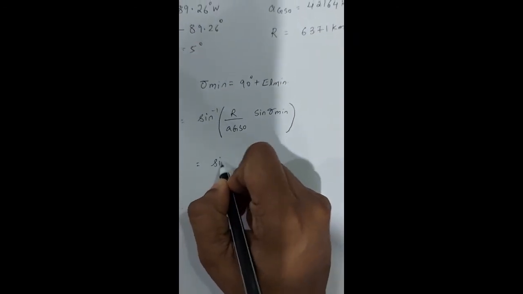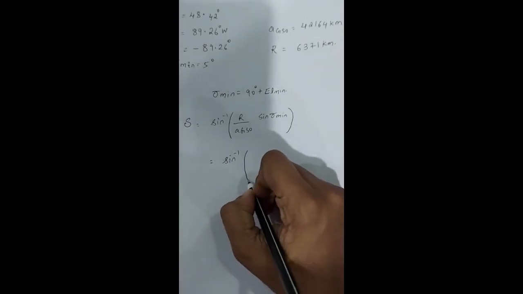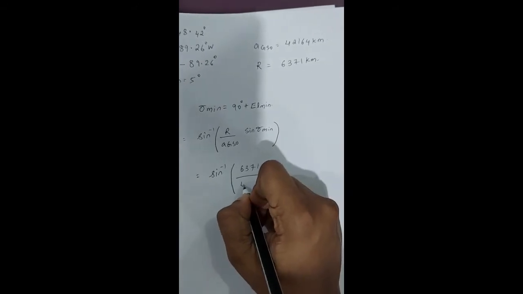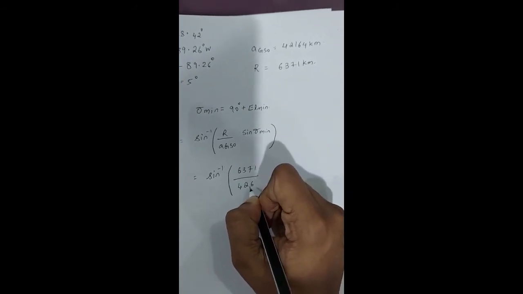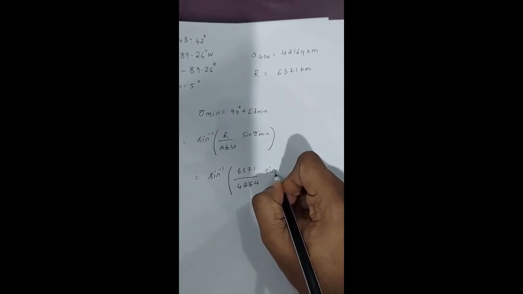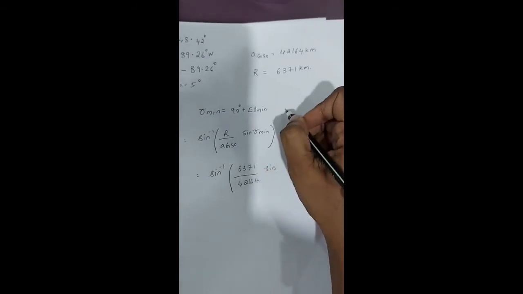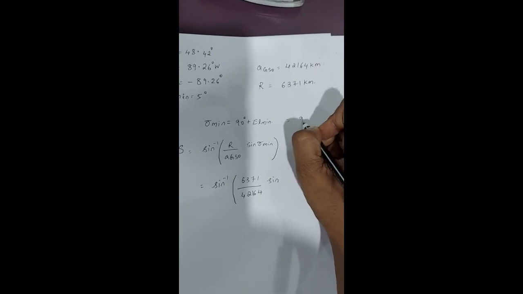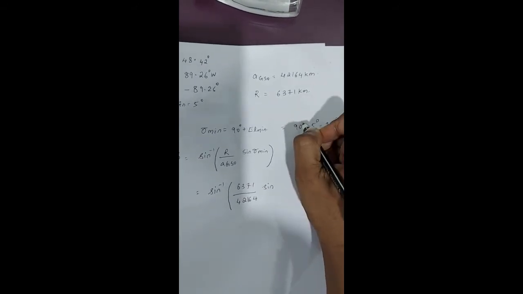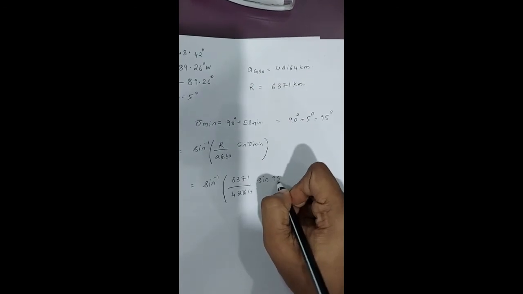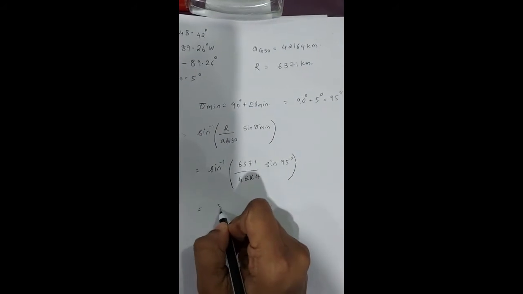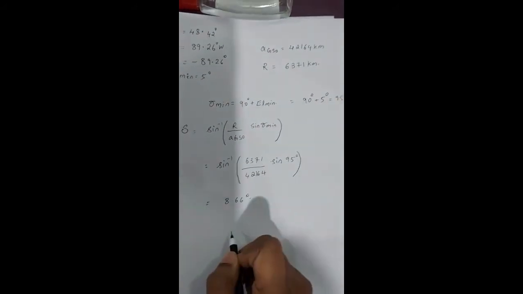This is sine inverse of 6371 divided by 42,164, times sine of sigma min, which is 90 plus 5 degrees, that is 95 degrees. Sine 95 degrees. Solve this, you will get 8.66 degrees.